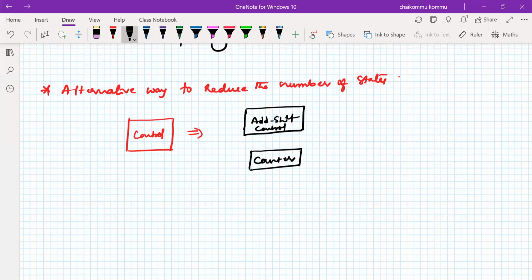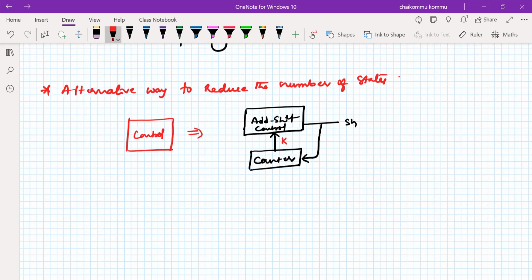How do we do this one? How many add shifts have to be performed? That is decided by the shift information. So if you give the shift information to this one, it generates some variable called k. Depending upon the k value, I can stop my multiplication.